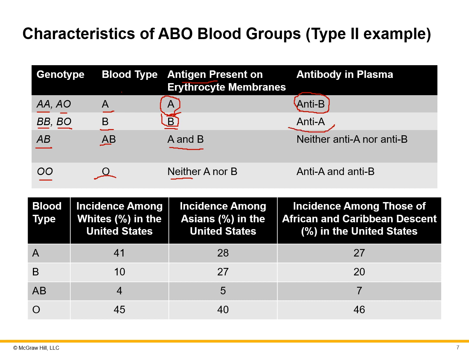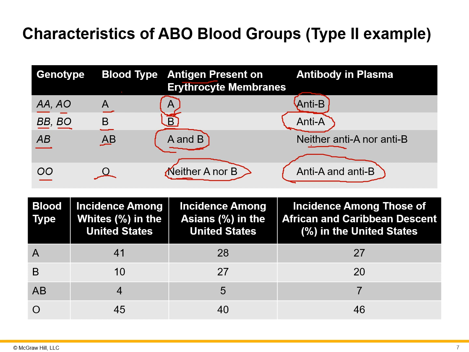But then they would produce antibodies against the A antigen. That would be foreign to them. Now, if somebody is AB, then they produce both A and B on their cells. So they wouldn't produce antibodies for either A or B because both of them are self. They're both normal to that person. And then with our O, since they don't produce either antigen, they would produce antibodies against both A and B.